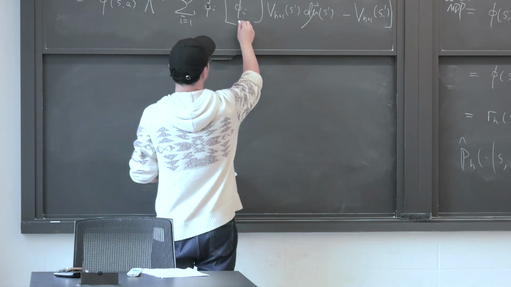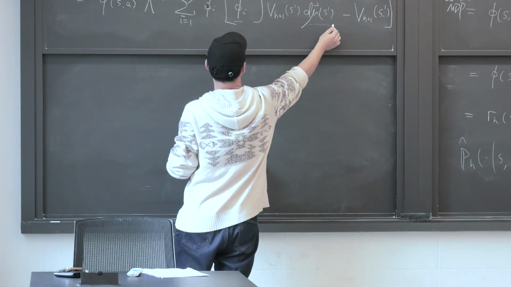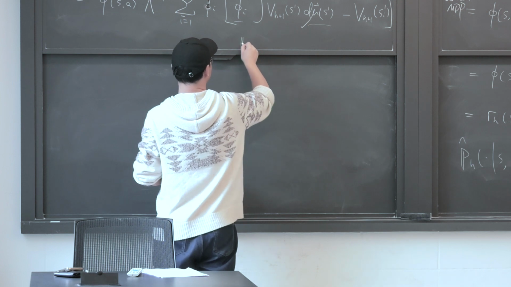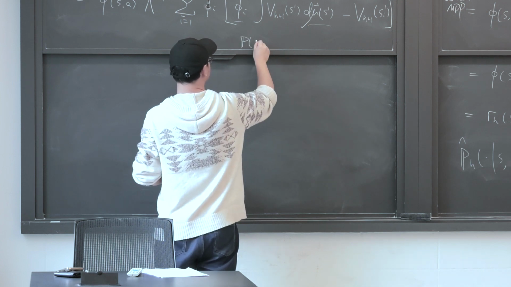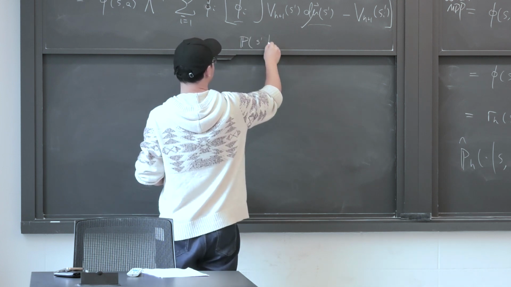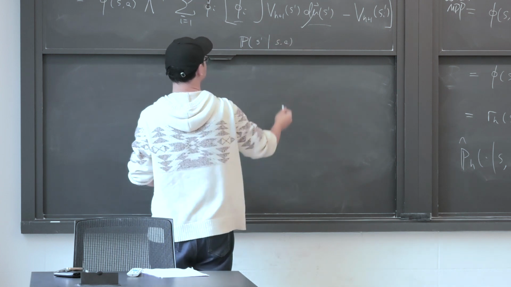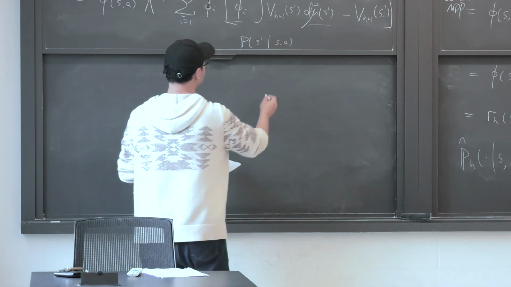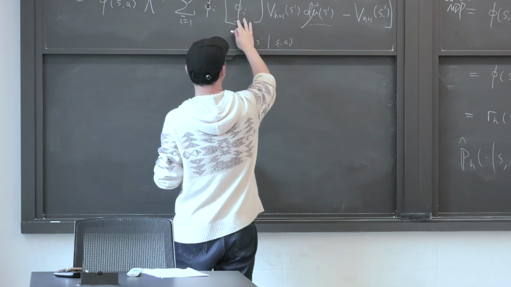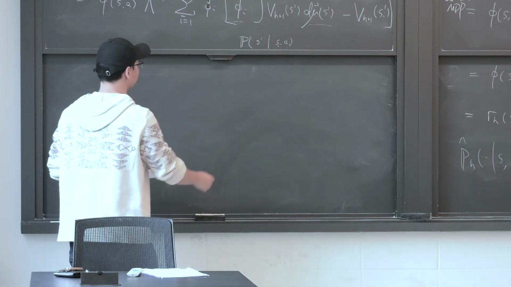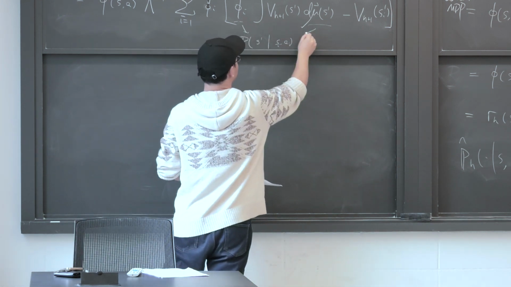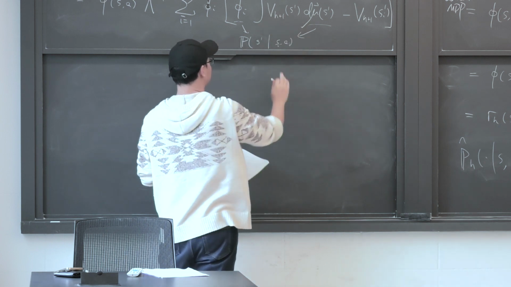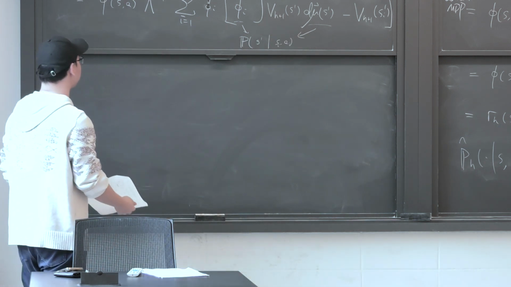Okay, and we note this, when we put those things together, this is actually equal to the probability of S prime given S_i, A_i, phi_i, putting those two together. And by doing the integral over S prime, this is like taking the expectation over S prime.